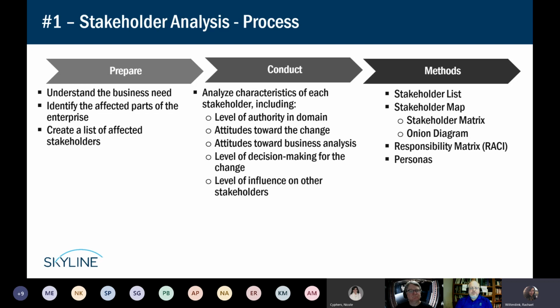You don't want to go in there completely unprepared and not have any knowledge of why you're needing the stakeholders' time, right? So once you've done that, then you're ready to start taking a look at the areas of the organization that are impacted. And from there, you can basically derive your list of stakeholders.